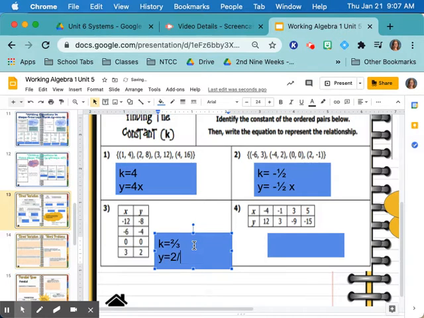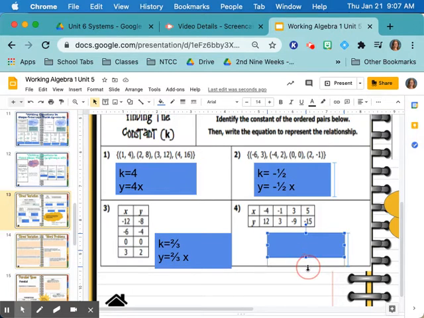Y equals 2 over 3 x. Last one, go ahead and do the last one.